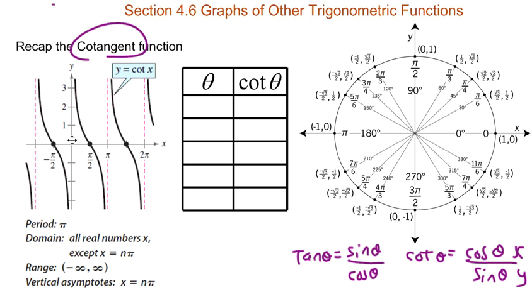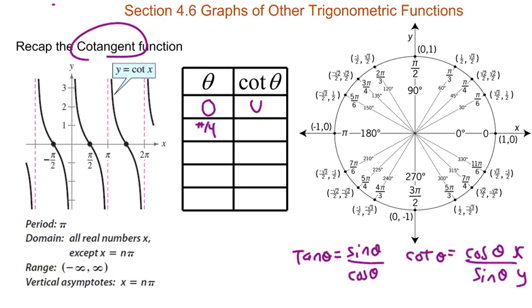Watch this. If I go to 0 here, 1 divided by 0 is undefined. So at the point 0, I get undefined, because the x coordinate divided by the y coordinate is undefined.